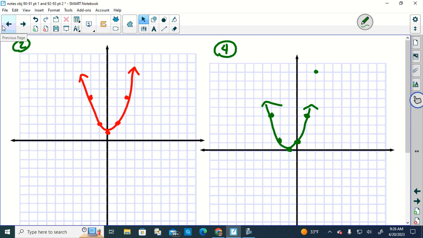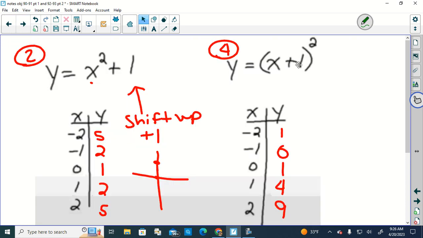So memorizing this, what you're doing here is, when it's in parentheses like this, you're shifting to the left or to the right, but you're doing the opposite of what is there. So I want you to write this next to this problem so that you understand it. So when you have a parabola, because we already did that for number 2, and you have anything that's x plus or minus some number that's being squared, the plus means you're going to move to the left.